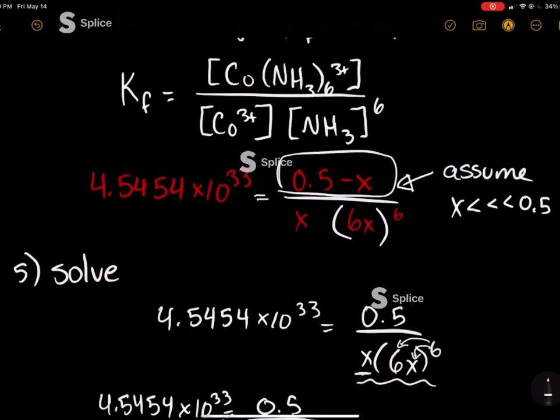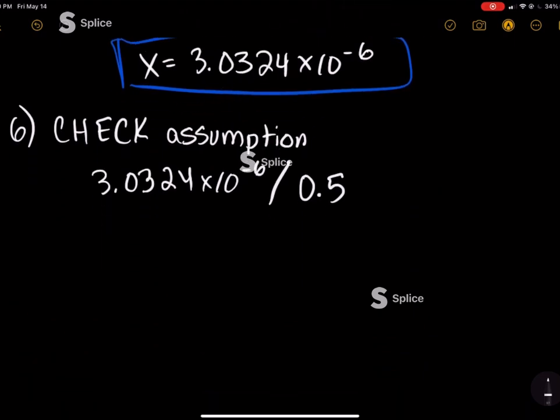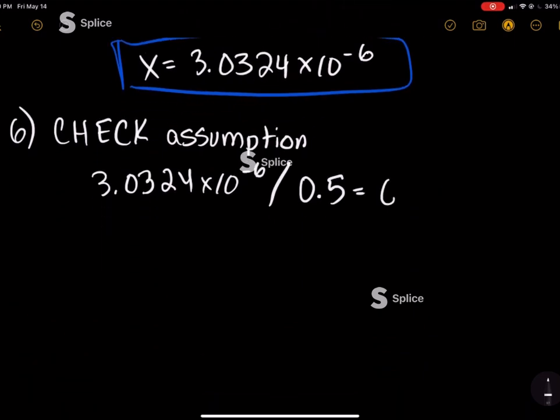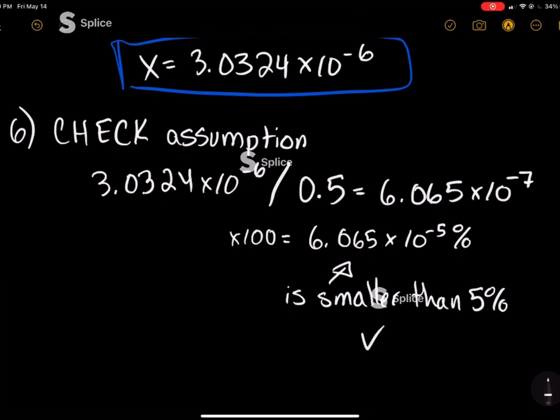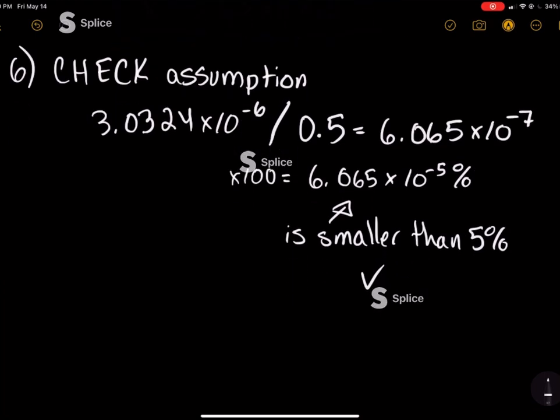That gives us 6.065 times 10 to the negative 7th. Multiply that by 100, that gives us 6.065 times 10 to the negative 5 percent. That is smaller than 5%. Therefore, it checks out. So that is a value that we can use.